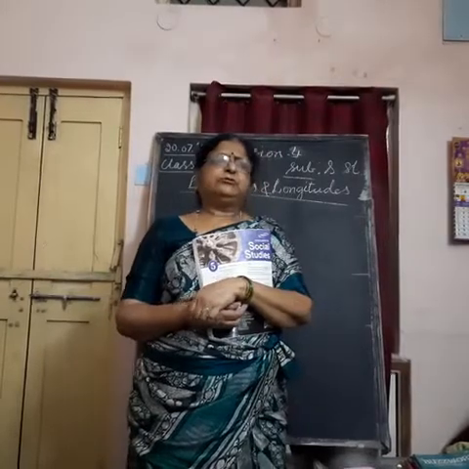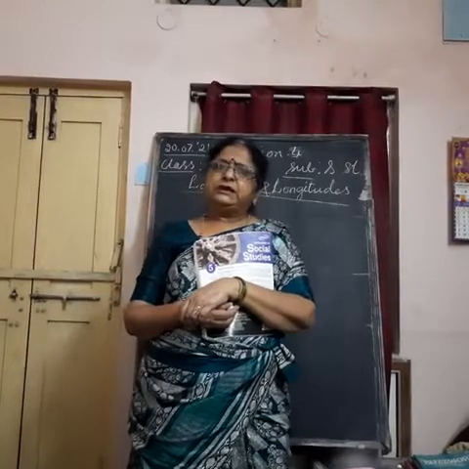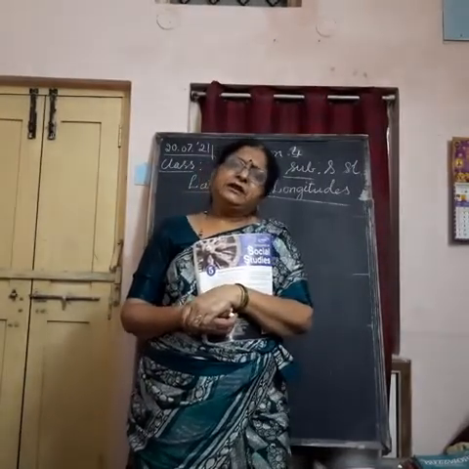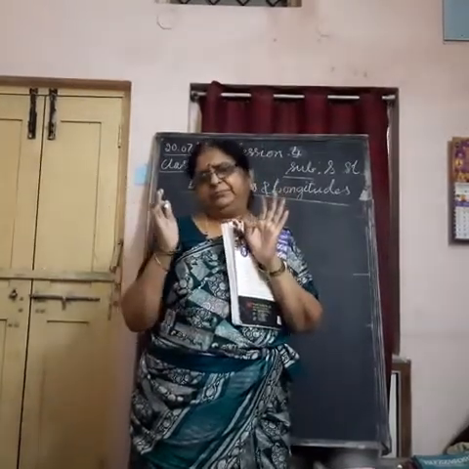The third point is that there are totally 180 latitudes, out of which 0 degree latitude is the largest latitude, which is known as the equator. And this equator divides the earth into two equal halves.